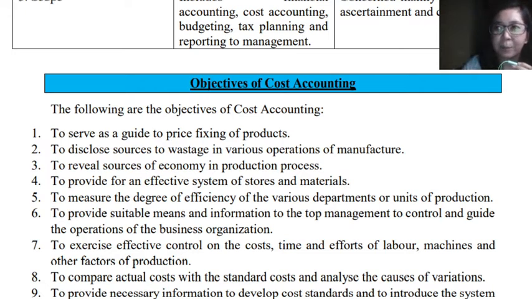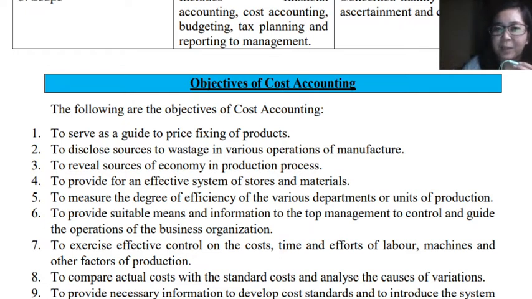For example, how much materials were used in a product, how much labor was paid to transform raw materials into finished goods, and how much other expenses that are not necessarily directly part of the production of that good, but you need to use the services or facilities to aid in the production.